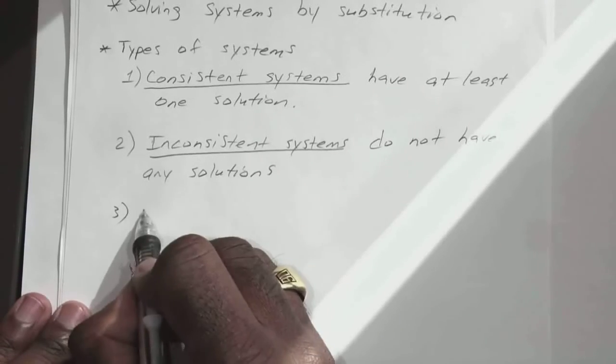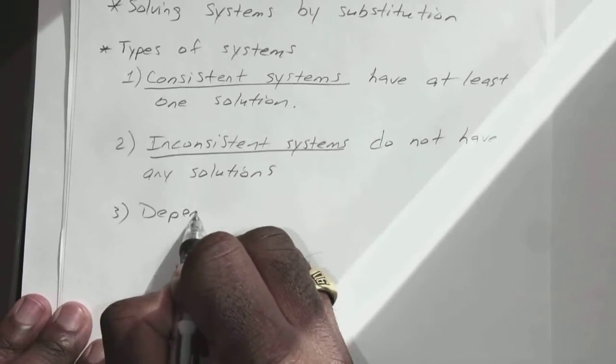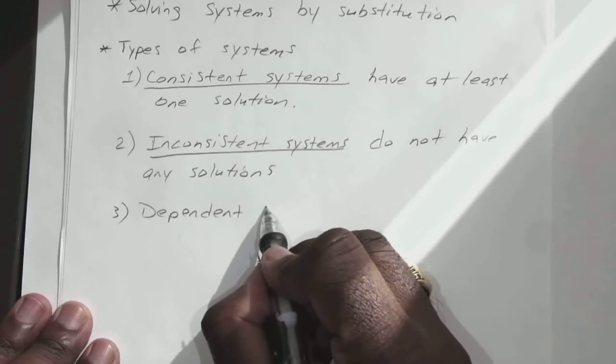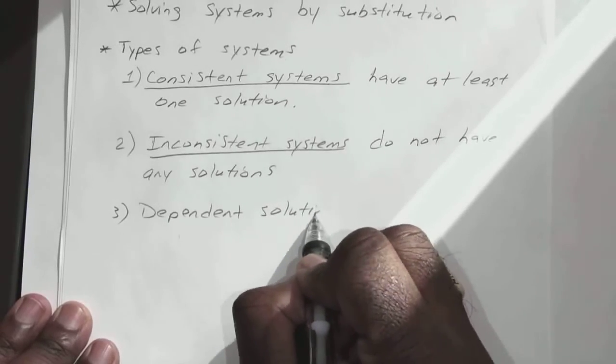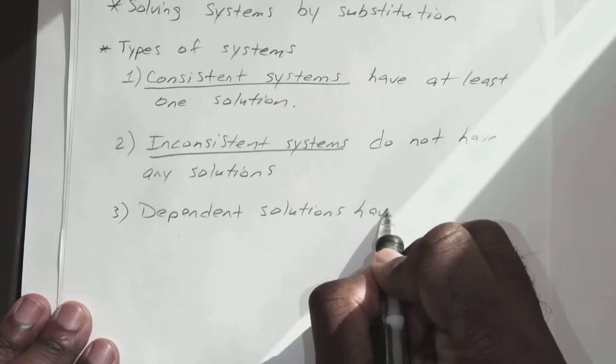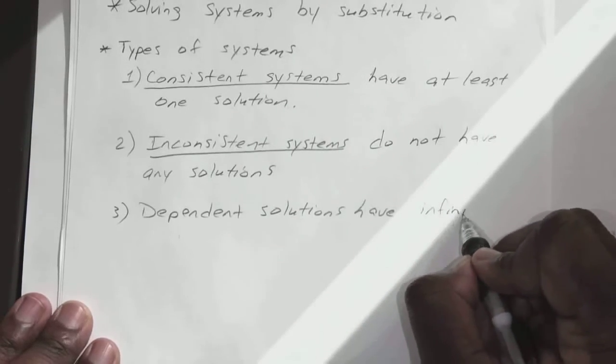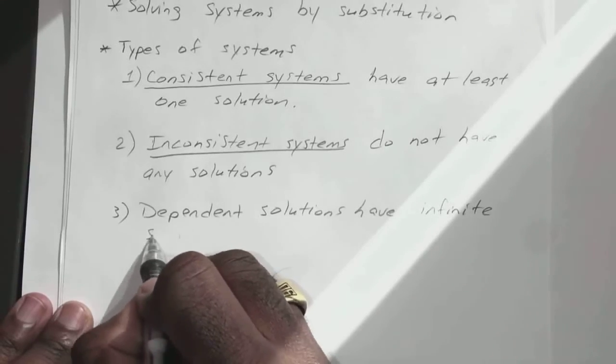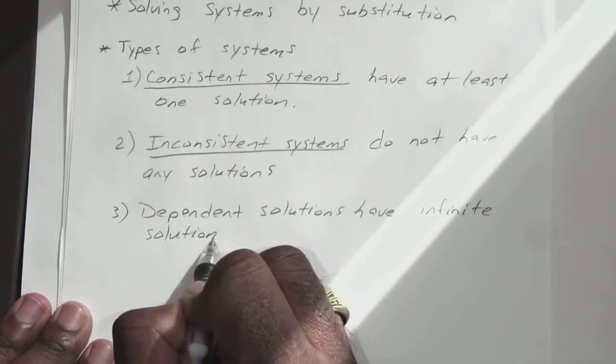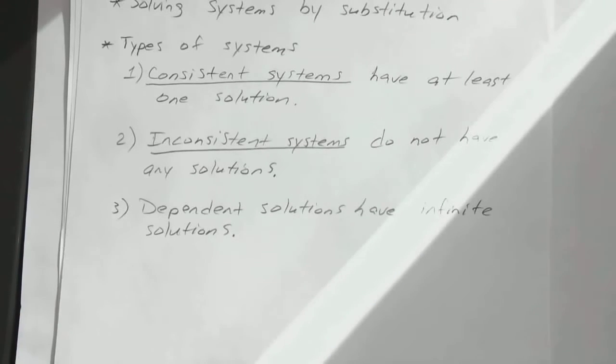And three, dependent solutions have infinite solutions. Okay, so those are the three types of systems.